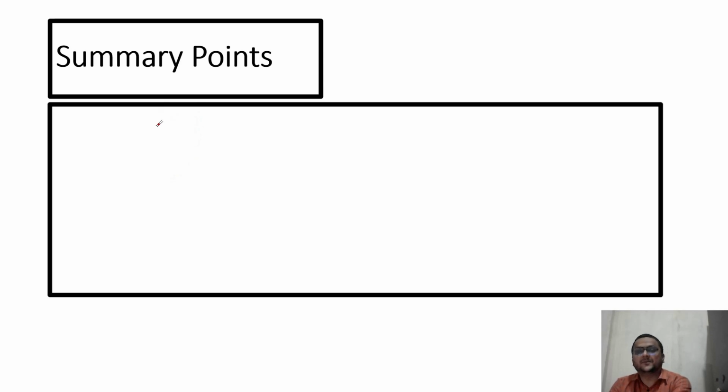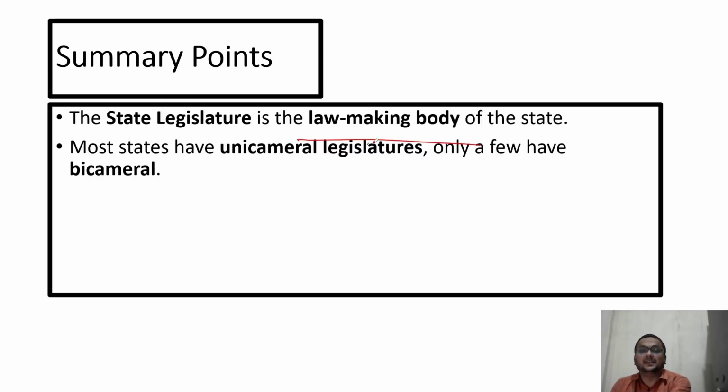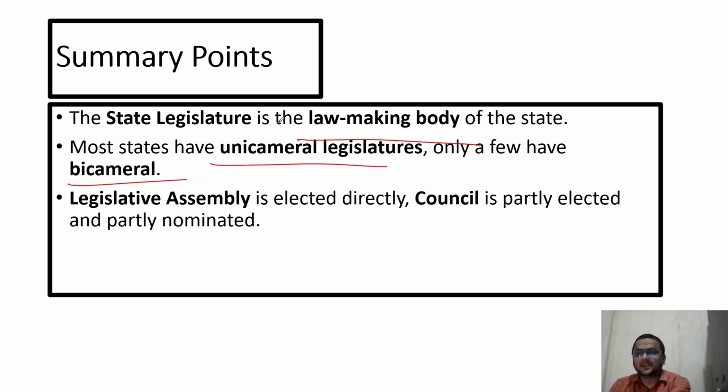Now the summary of the entire topic. The state legislature is the law-making body of the state. Most states have a unicameral legislature. Only a few states have a bicameral legislature. The Legislative Assembly is elected directly, and the Legislative Council is partly elected and partly nominated.